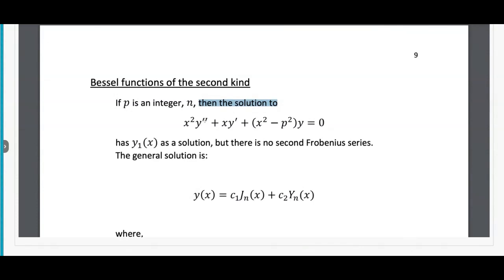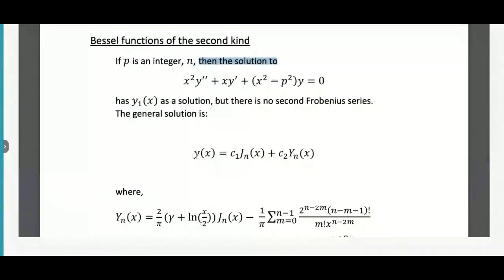The solution to this would be C1 J_n of x plus C2 Y_n of x, because p now is n, because usually we use n to represent counting numbers, right?